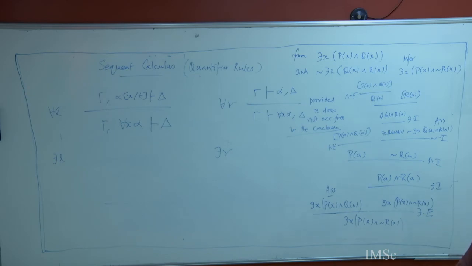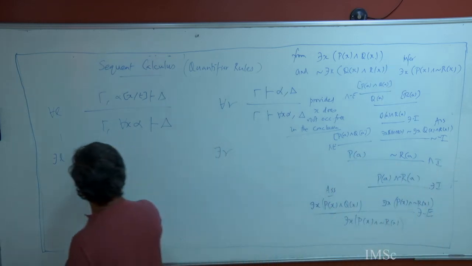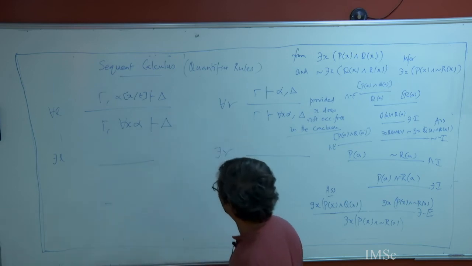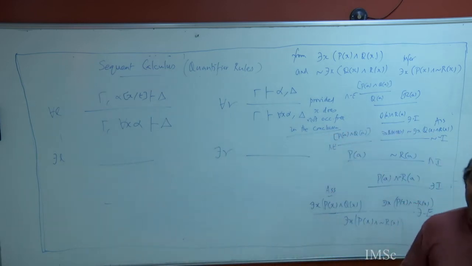And what would be the rules for the existential quantifier? What will be there exists L and there exists R? Remember, there is no choice in the sequent calculus. It's strict duality, right?